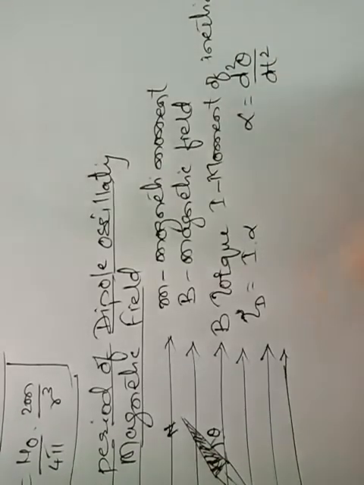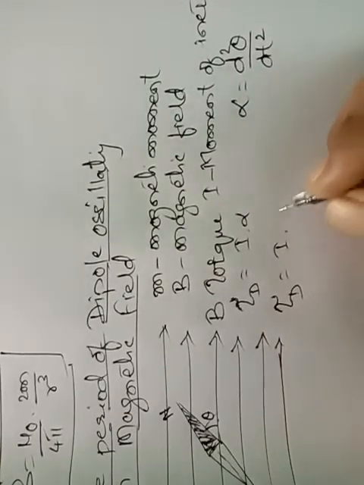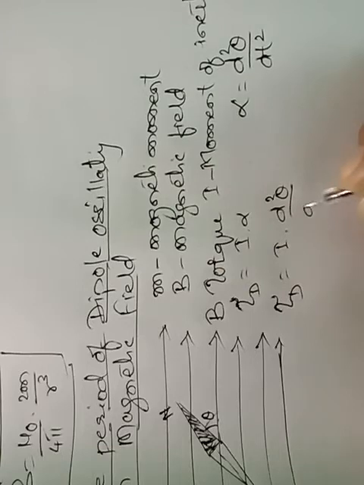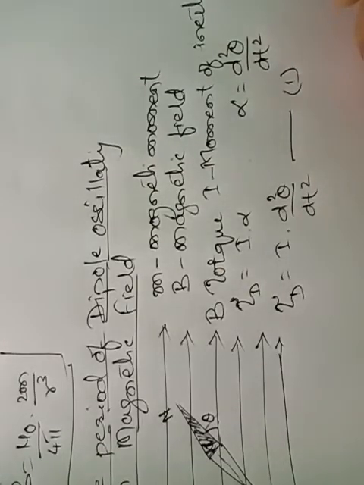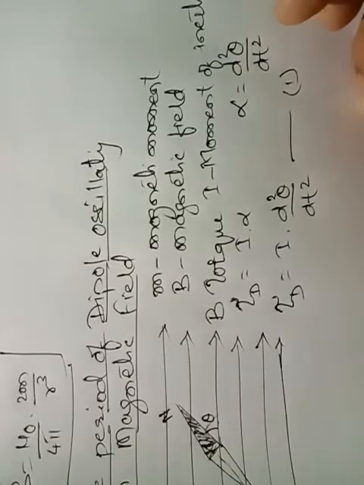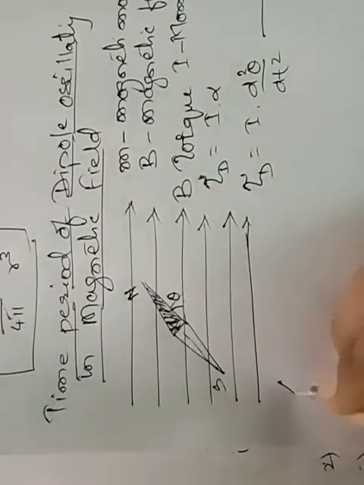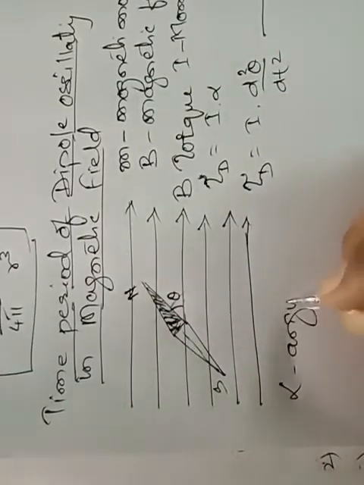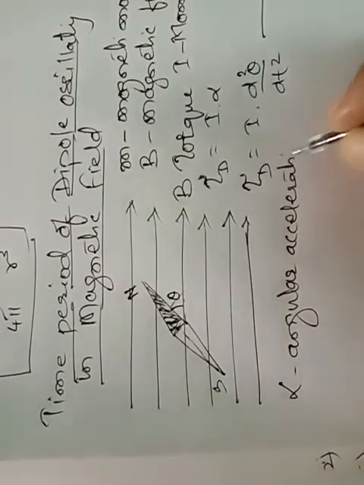So what will happen to this formula? Tau d will become I into d square theta by dt square. We give this as equation number 1, where theta is the deflecting angle, an angular displacement, and alpha is called the angular acceleration.